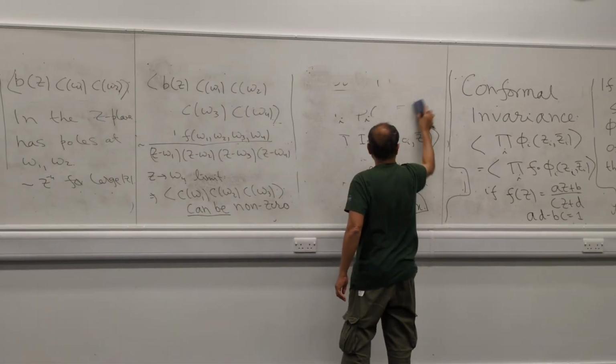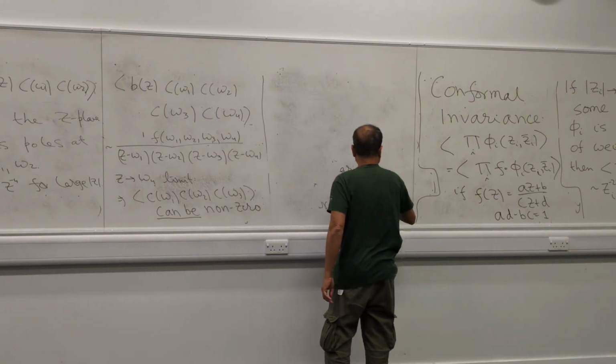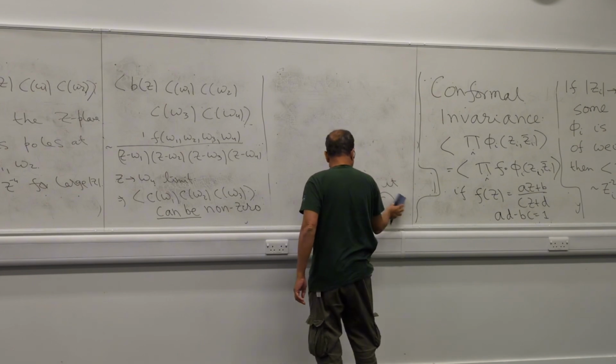Now, the reason that it's still not non-zero is because you have to worry about the anti-holomorphic side.